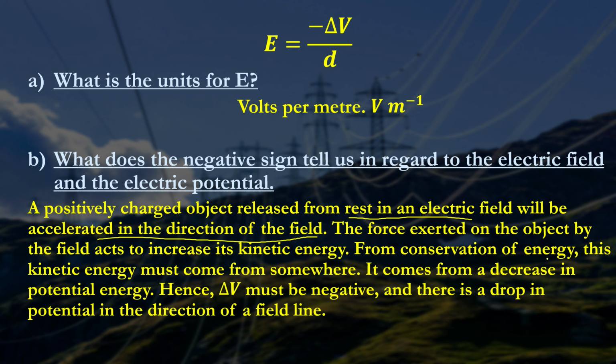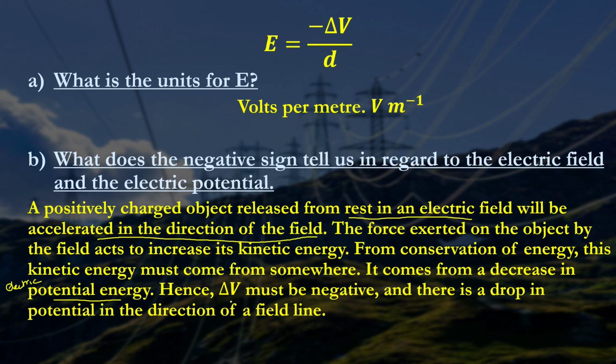Okay, so from conservation of energy, this kinetic energy must come from somewhere. So when we move something, it has kinetic energy. So it comes from a decrease in electric potential. So maybe I'll just write that down, electric potential.